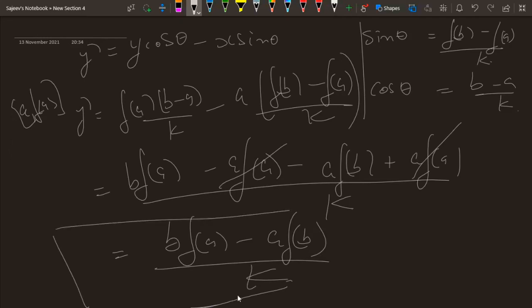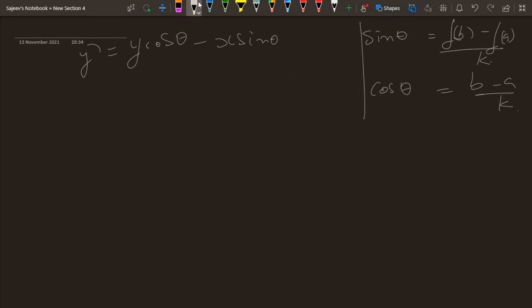So this is the rotated formula. By applying the rotation formula at a comma f of a, we will call this y dash of a, equal to b f(a) minus a f(b) by k.